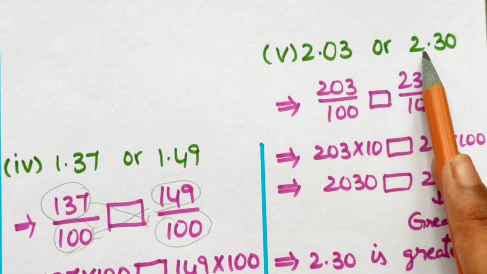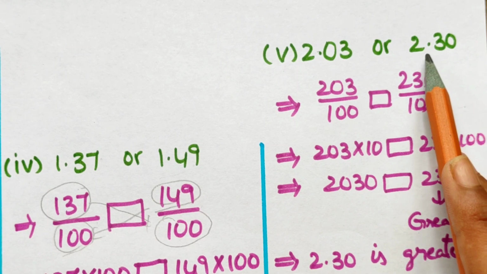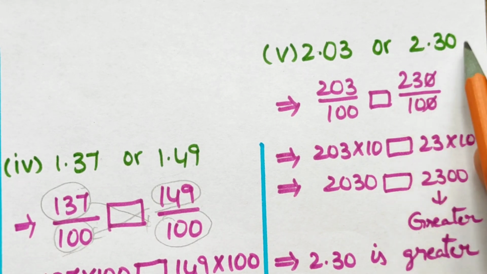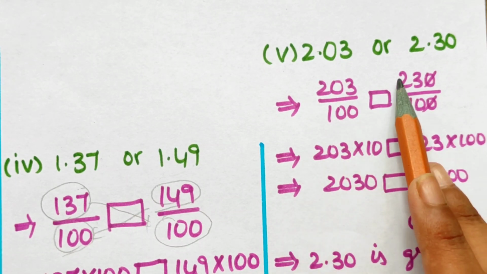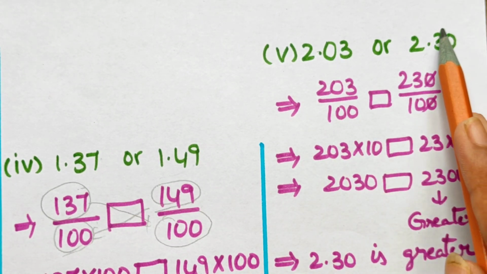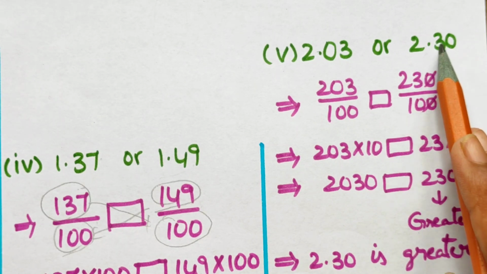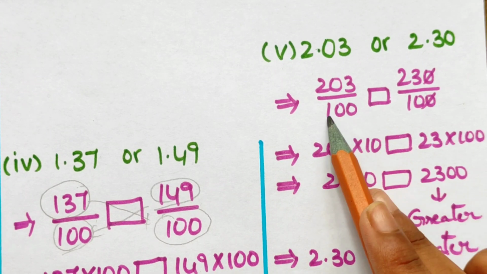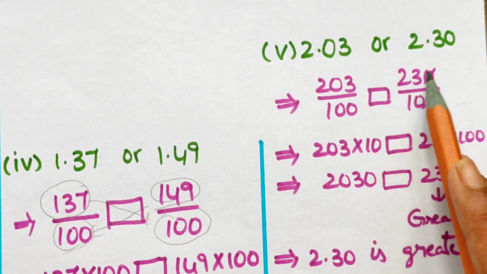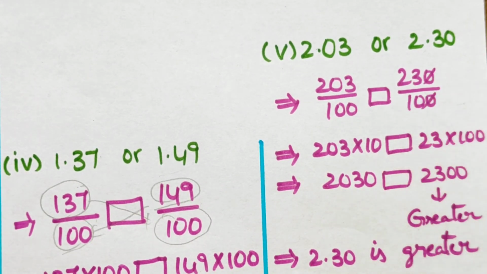And here it is 2.30 and the decimal here also is 2 digits before. So here it is 203 by 100 and here 230 by, the decimal is 2 digits before 30, so here we should write 2 zeros. So 203 by 100 and 230 by 100.